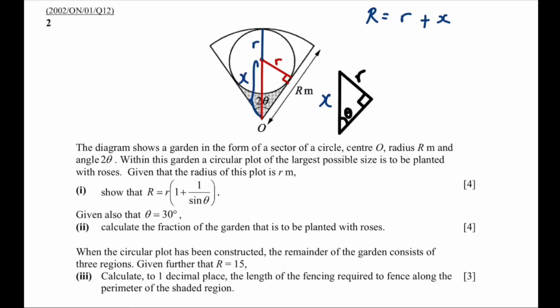In order to connect r and x with theta, you know it well, this is your O, this is your H, this is your A. So definitely we're using sine theta. Sine theta equals O over H, r over x.